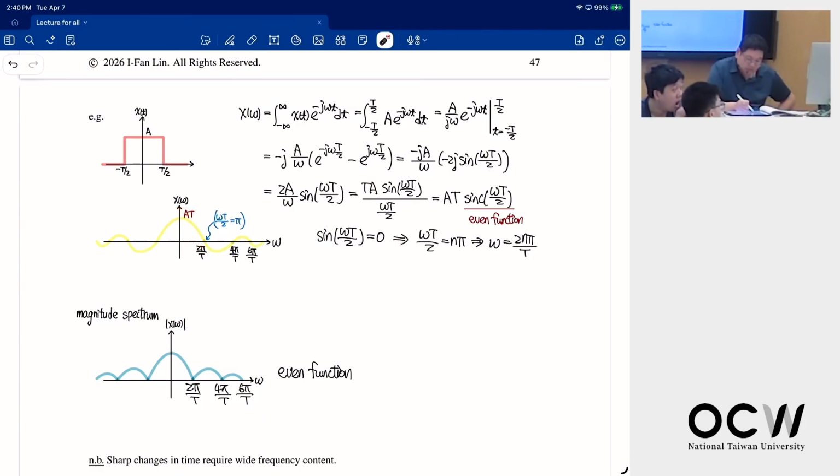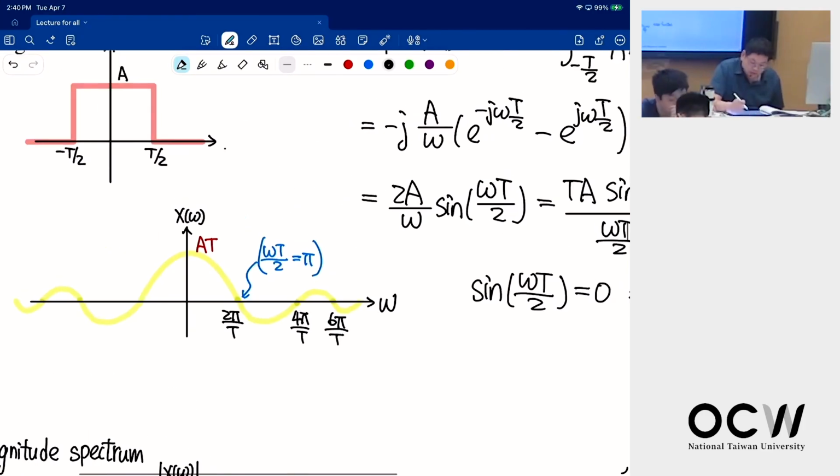When T is smaller, the pulse is sharp in the time domain, and then in the frequency domain it is more flat. Right?